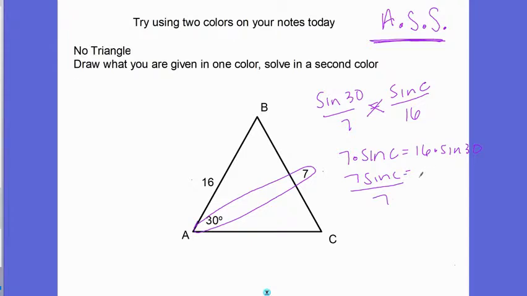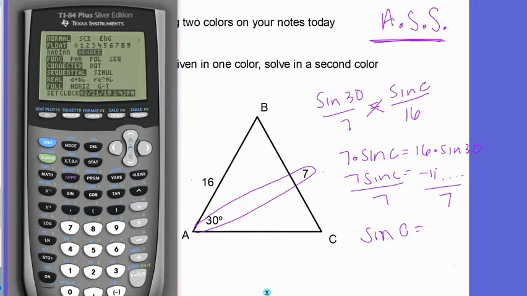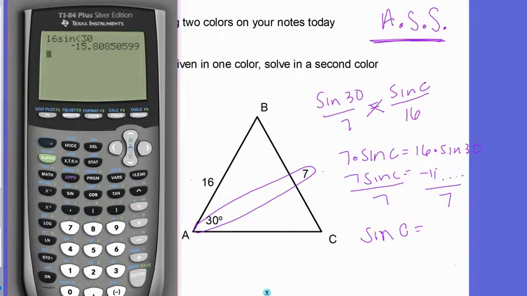Divide by 7. What was it? Negative 15 point something. Divide by 7. For some reason, I did not get it in degree mode. That didn't seem right to me. I'm going to type this in one more time. 16 sine 30 divided by 7, and I get this.